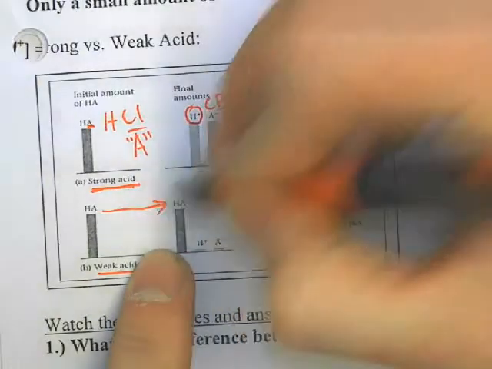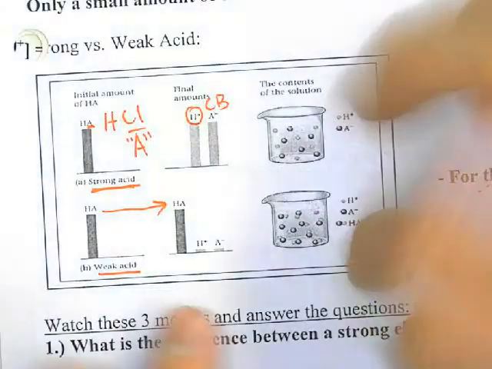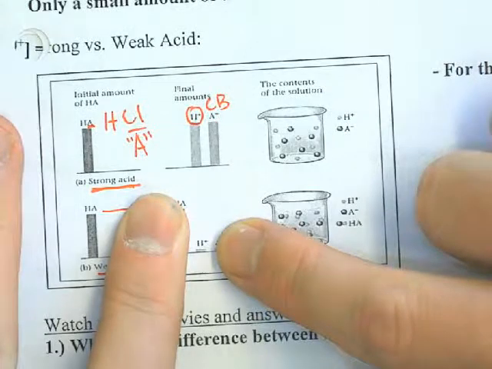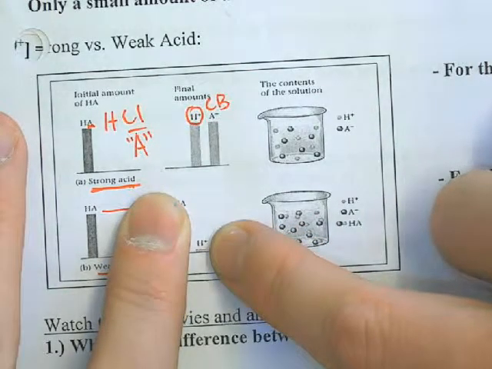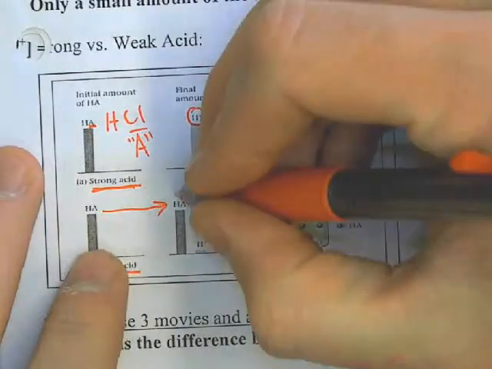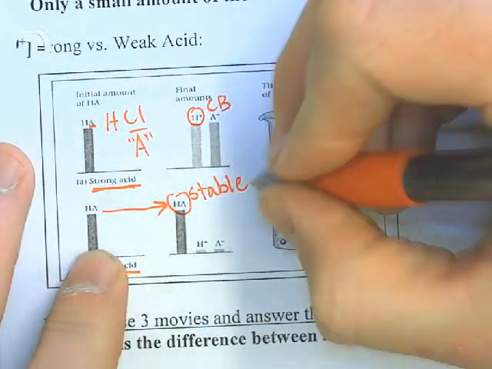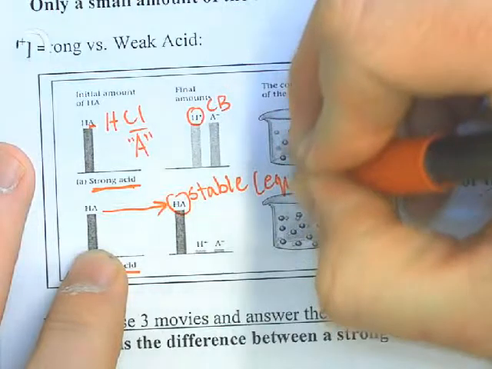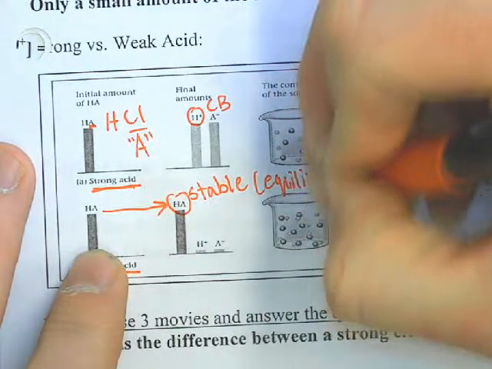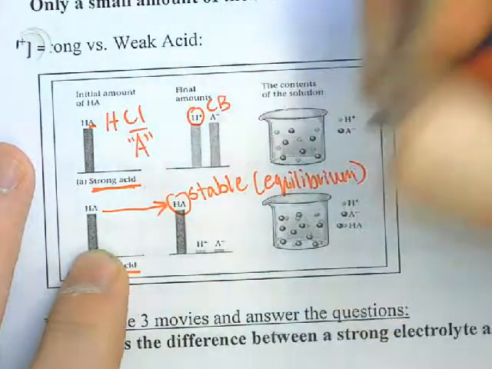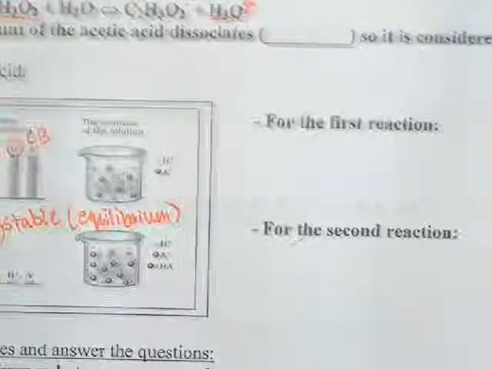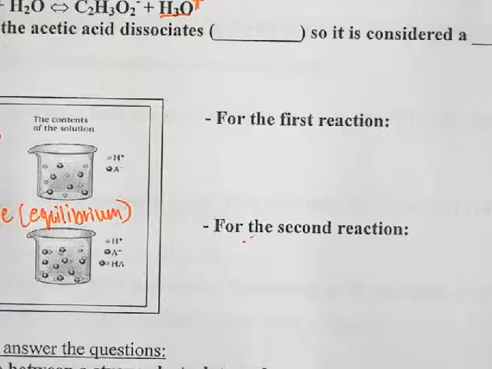It doesn't completely dissociate, so look at how much H plus we have. Not that much. Why? Because this is usually a lot more stable, or in equilibrium.